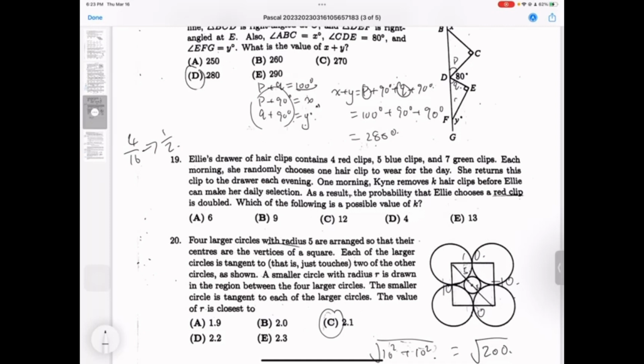Since the amount of clips can only reduce and never increase, the denominator of the final probability must be an integer from 1 to 16. Now what we need to do is find all the possible expressions of 1/2 with that condition.